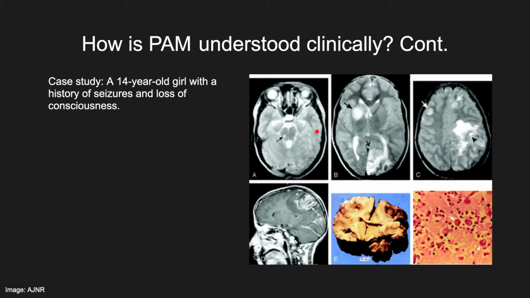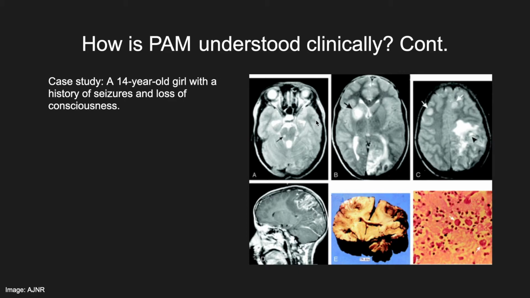So I included this because I thought it was interesting to see how it actually physically affects the body. I included a case study of a 14-year-old girl with a history of seizures and loss of consciousness for 3 months.